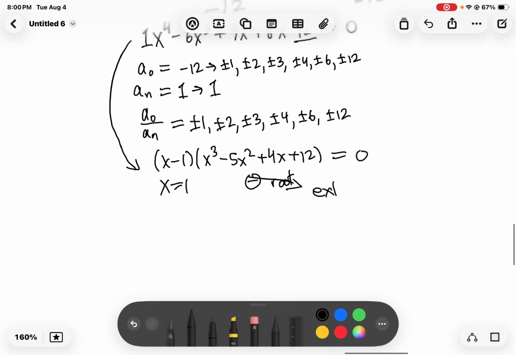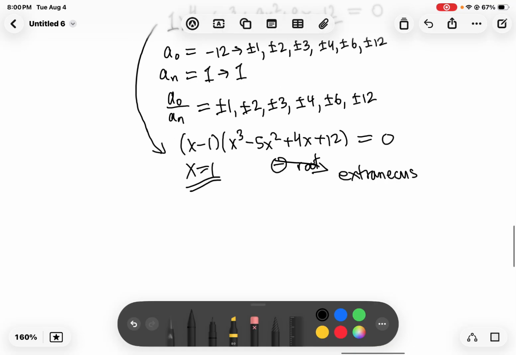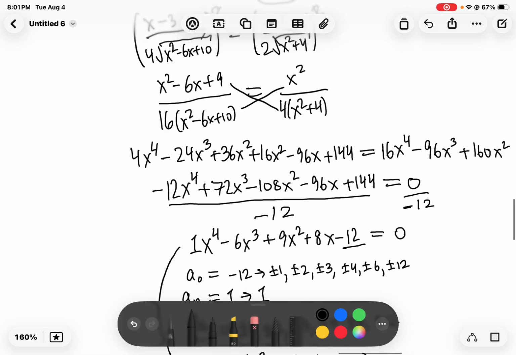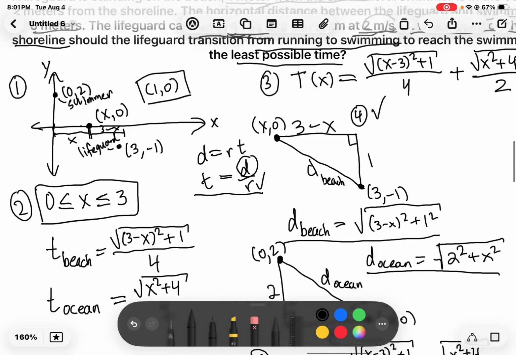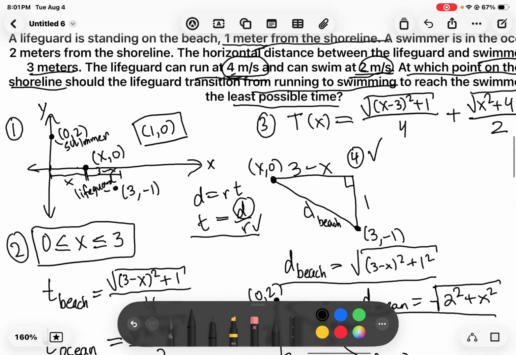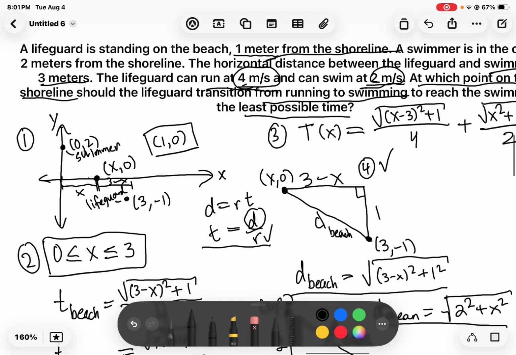So we don't care about this root. So therefore, our only solution to this problem, our only critical point, is x equals 1. And so that means that the time is minimized when the lifeguard goes through this point when x is equal to 1. So at the point 1, 0. All right, very good.